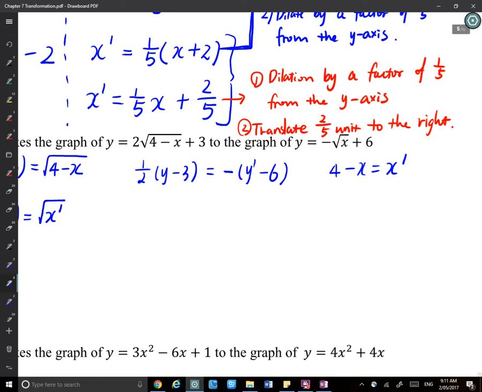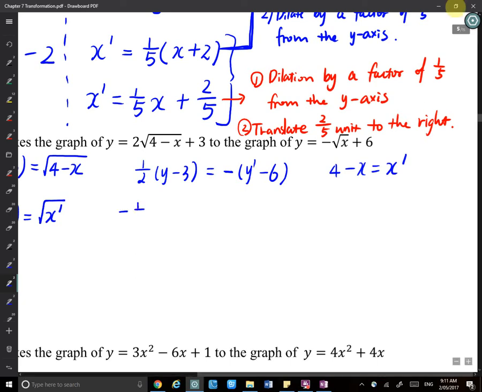What needs to be the subject? X dash or y dash or xy? X dash, y dash needs to be the subject. Therefore, negative a half y minus 3 equals y dash minus 6. Negative both sides, and negative a half y minus 3 plus 6 equals y dash.